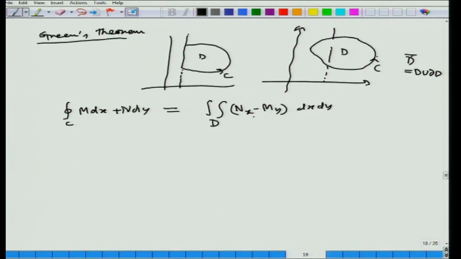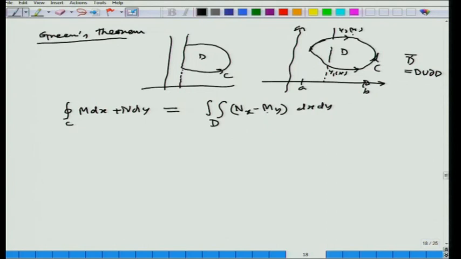This can be seen easily; in this simple case we first prove it. Let us say this is A here and this is B here, this is the x range, with B the maximum and A the minimum of x. Then we can define this curve as y1(x) going from here to here, and y2(x) like this.